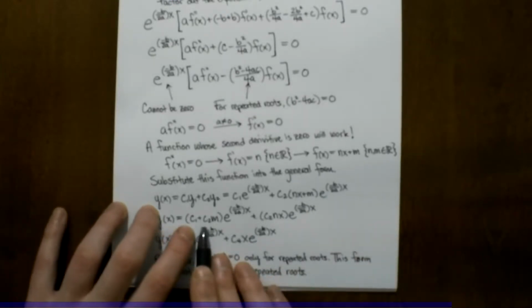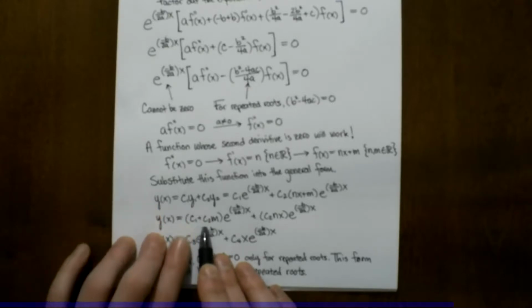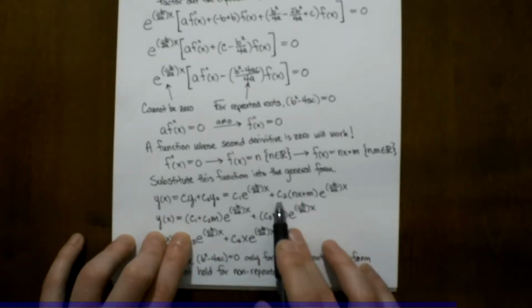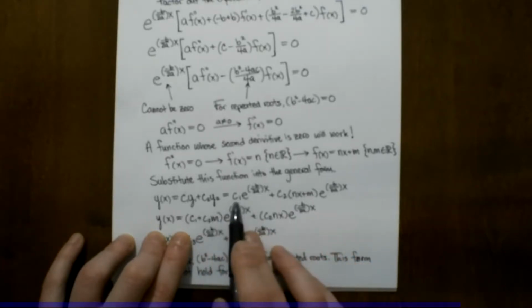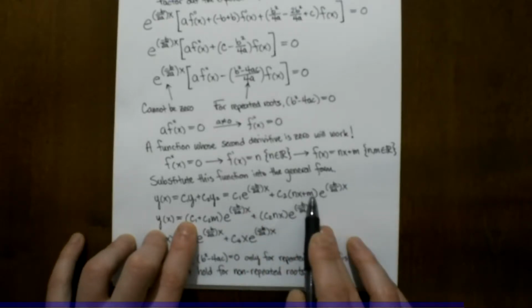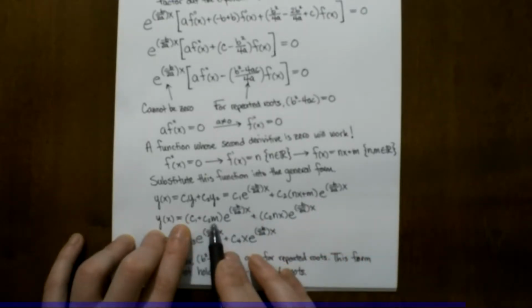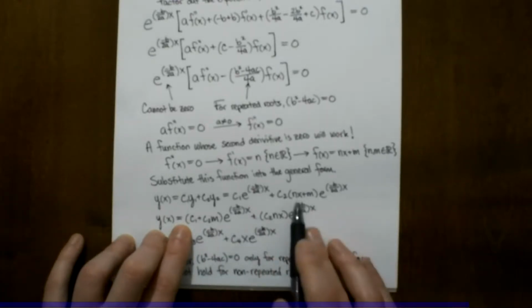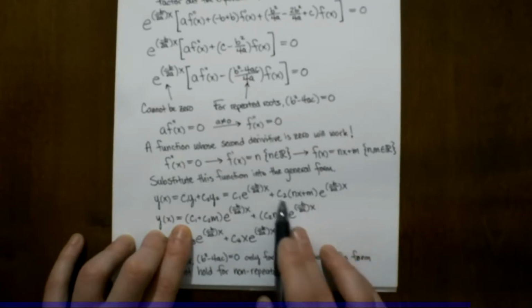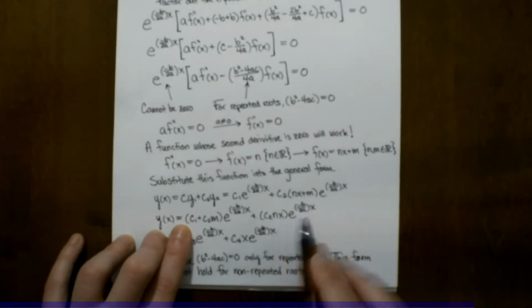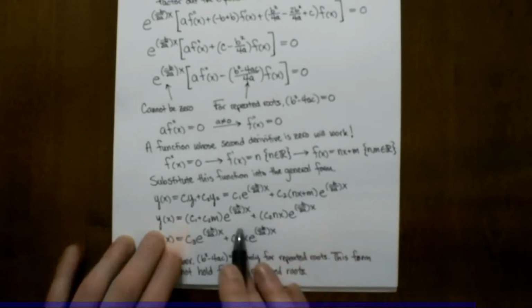Let's start combining our coefficients as best that we can, and if we combine only the coefficients not multiplied by a variable, we'll have c1 here, and then we'll also have a c2 times m. So c1 plus c2 times m, e to the negative b over 2ax, plus now all the ones that are being multiplied by the variable, so that'll be c2nx, so right there, e to the negative b over 2ax.